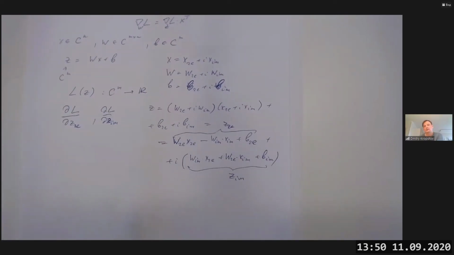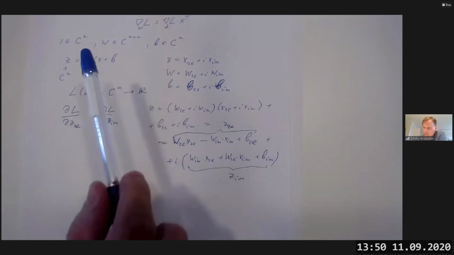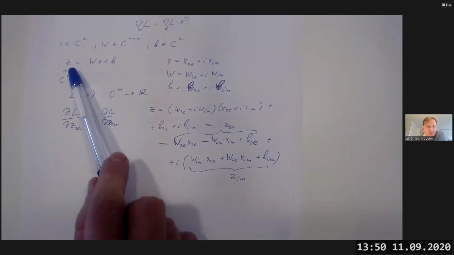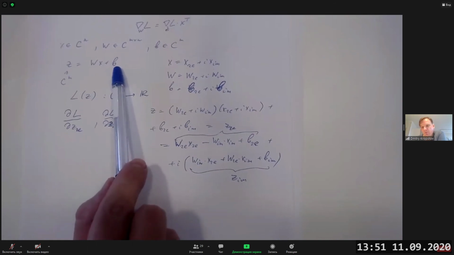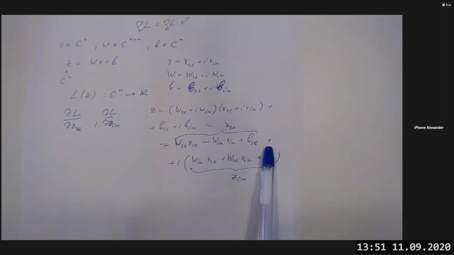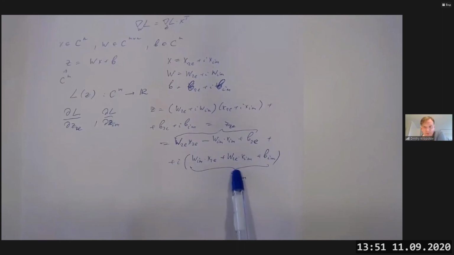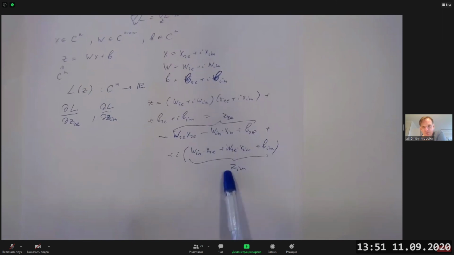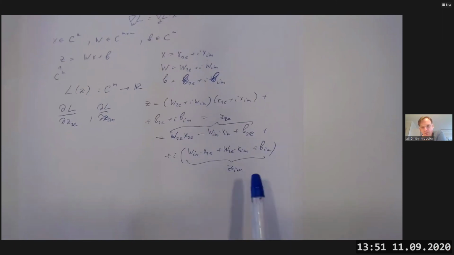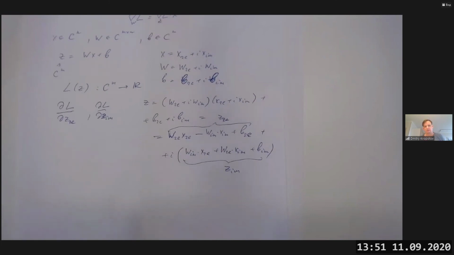We replace the forward computation in terms of complex numbers with forward computations in terms of real numbers. And given this, doing everything in real numbers, you already may use autograd from PyTorch. Okay, I got it.